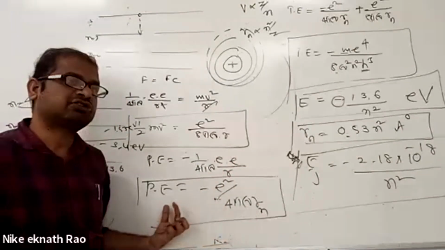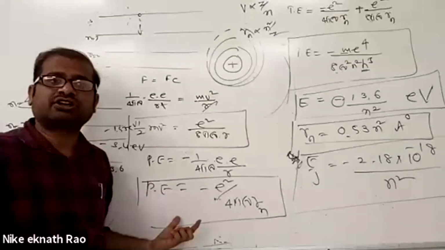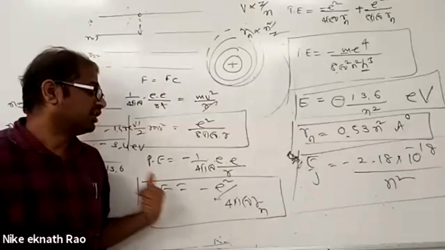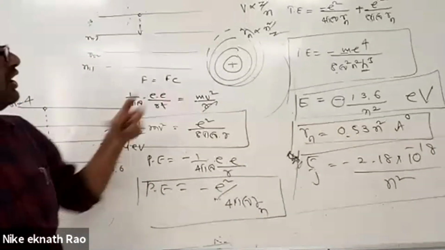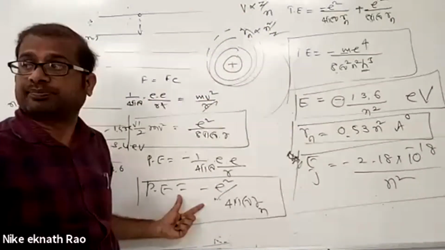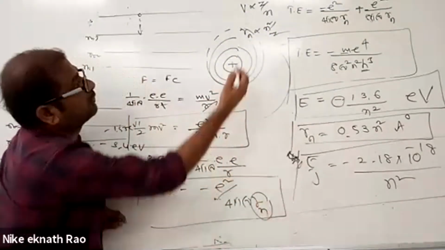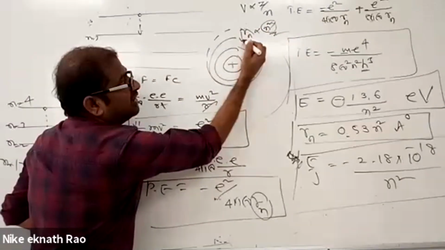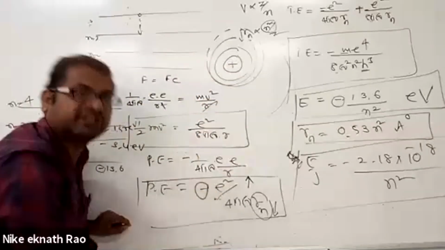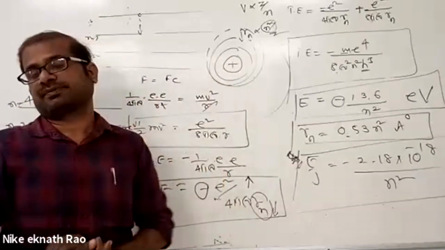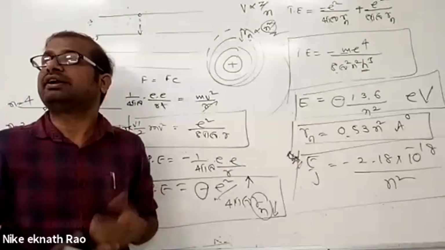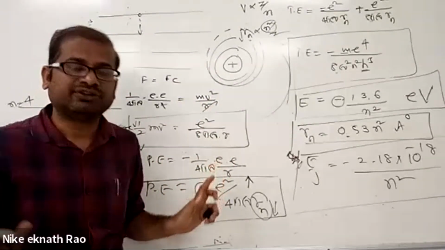When n decreases, Rn decreases, and the magnitude of the potential energy increases. But because of the negative sign, the potential energy decreases, while the kinetic energy increases. So when the electron is de-exciting, kinetic energy is increasing and potential energy is decreasing. Simple as that.